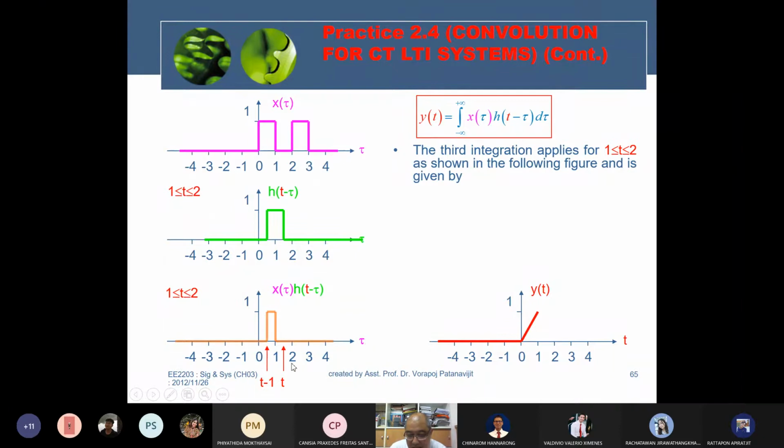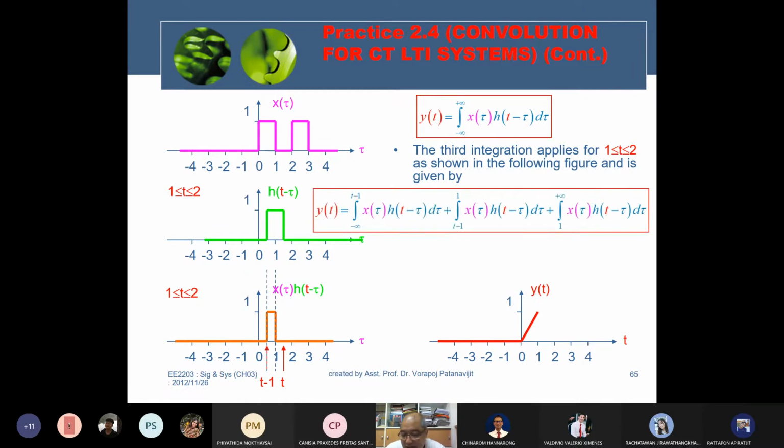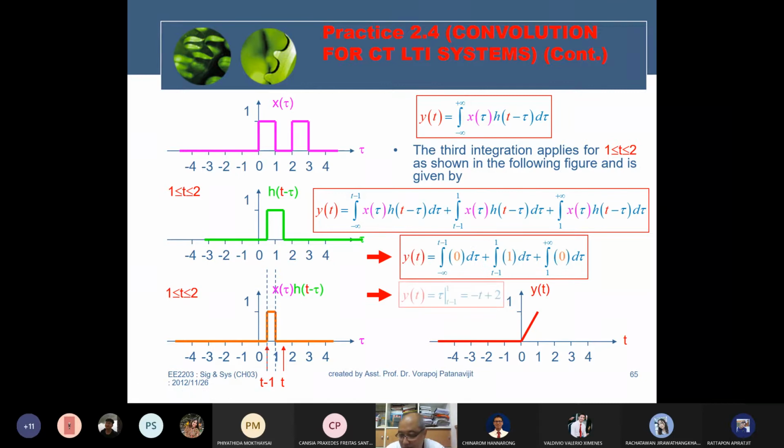Therefore the result is here. The integration can be separated into 3 regions: from minus infinity to t minus 1, t minus 1 to 1, and 1 to infinity. The first and the last equal 0 again, and only the middle one remains.